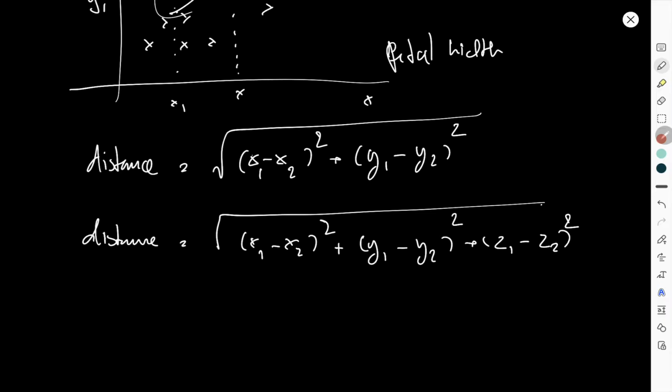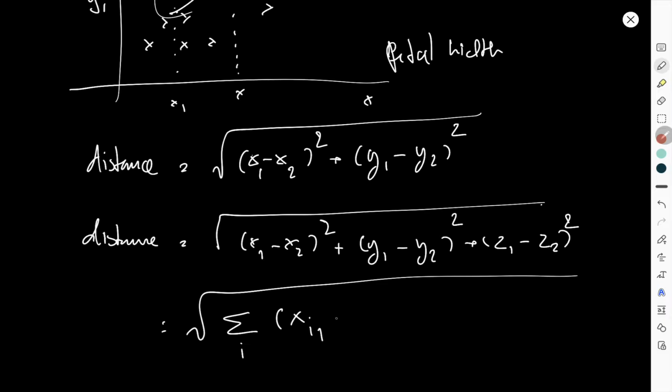If you have n dimensions, the distance is a summation over all dimensions. For each dimension i, you take x_i of the first example minus x_i of the same dimension of the other example, squared. That's all.